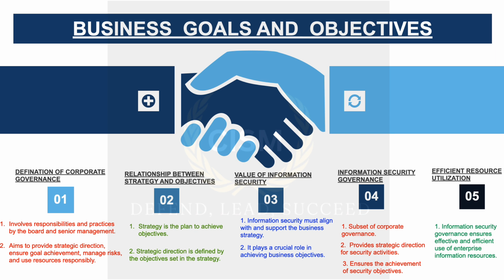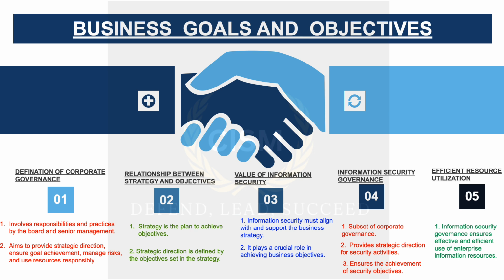Next, under business goals and objectives, the next point is about the relationship between strategy and objective. Friends, strategy is the plan to achieve the objective. However, strategic direction is defined by the objectives set in the strategy. The relationship between the strategy and the objective is symbiotic.